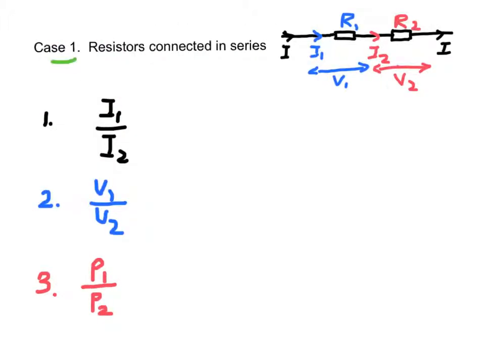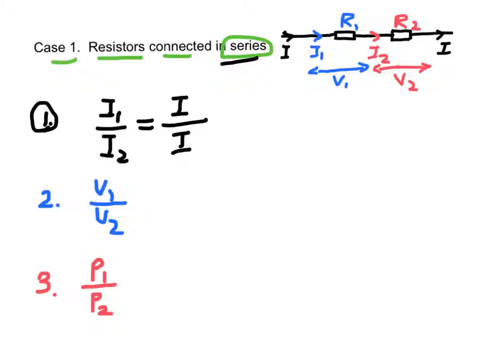Case 1. Let's study the behavior when the resistors R1, R2 are connected in series as shown in the diagram, with voltages V1 and V2, currents I1, I2, and the main current is I. First, the ratio I1 over I2 equals I over I, because in series connection the currents are the same.